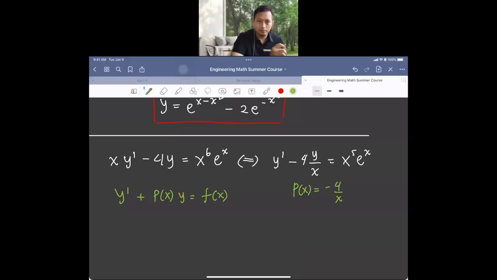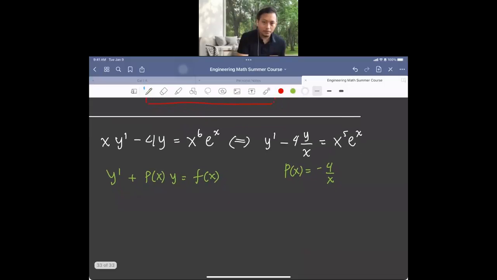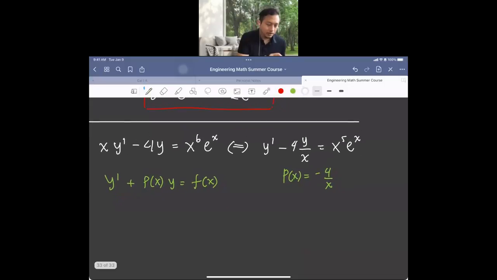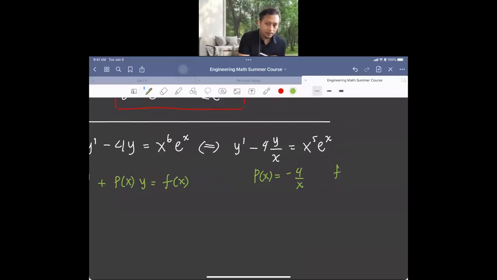Okay, let me just solve this like a usual linear differential equation. So p of x is -4 over x, and f of x is x to the power of 5 e to the x. Notice that p and f are both continuous.